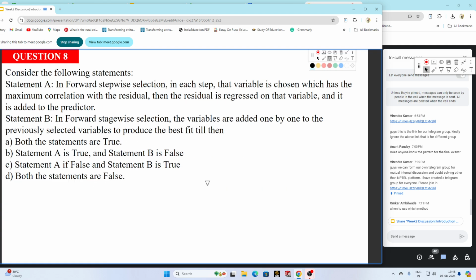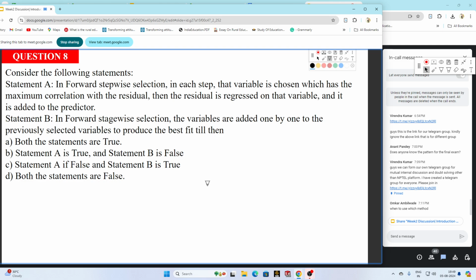Now let's see question number 8. Consider the following statements. Statement A: in forward stepwise selection, in each step that variable is chosen which has the maximum correlation with the residual. Then the residual is regressed on that variable and it is added to the predictor.